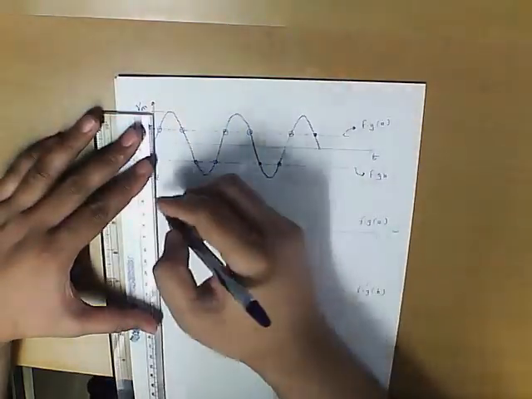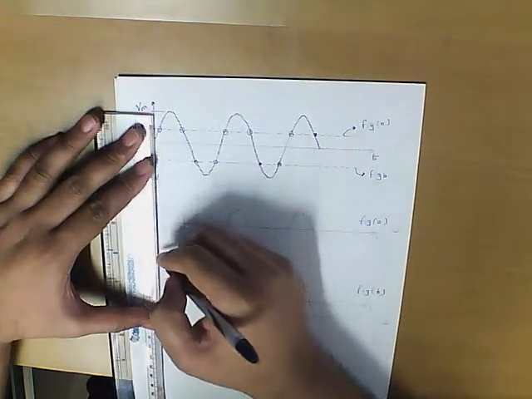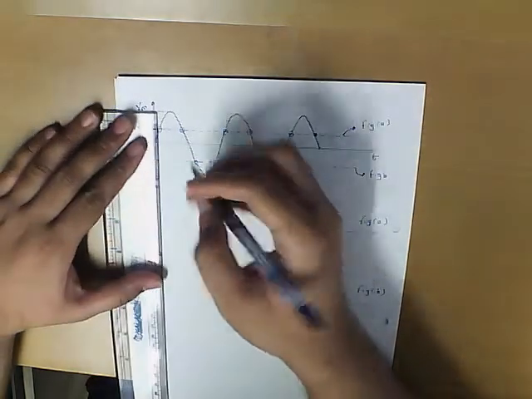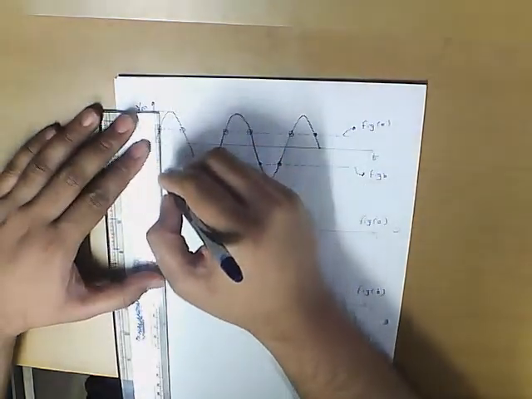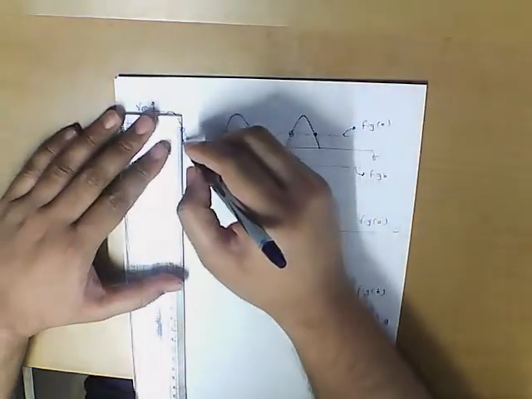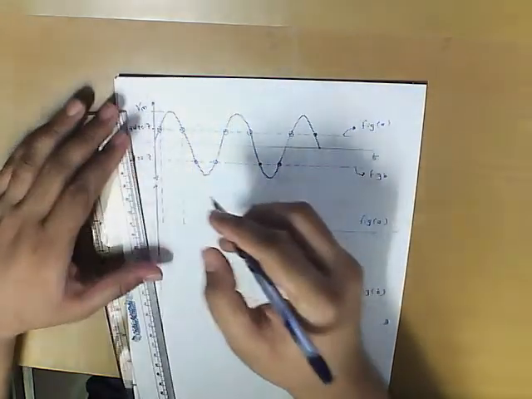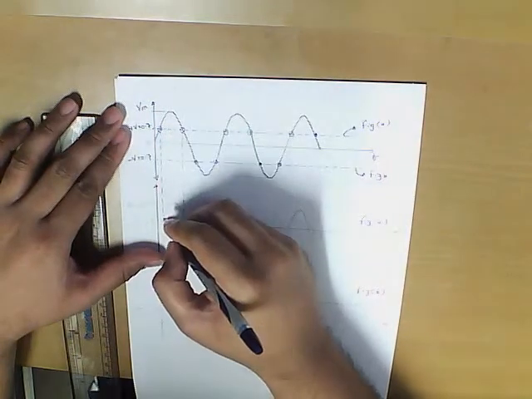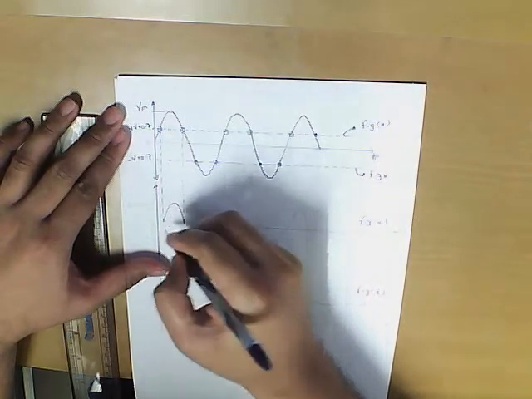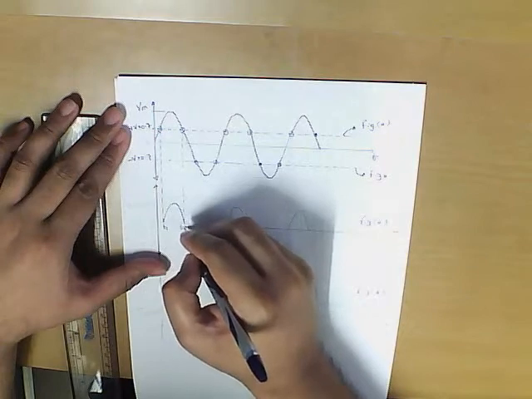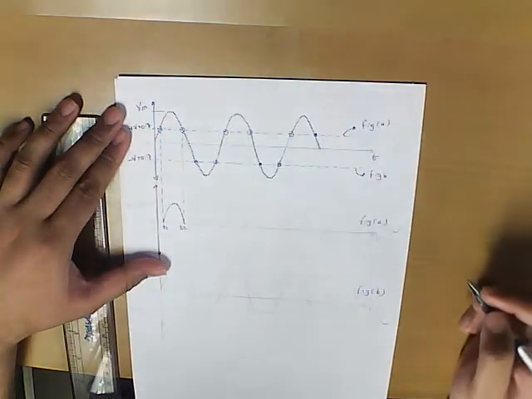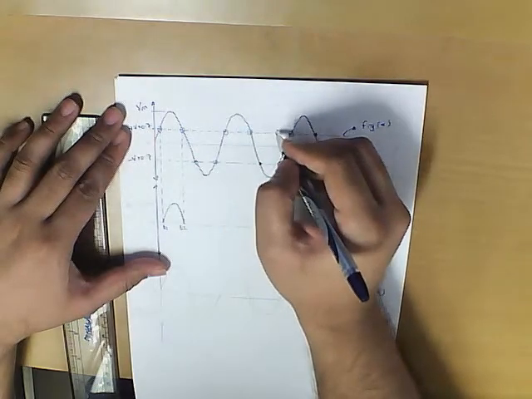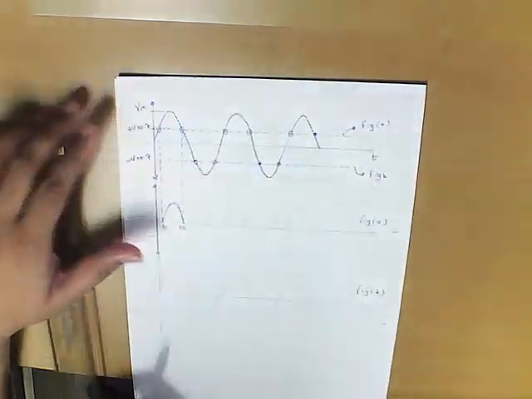So when we look at the output of figure A, we have to project these points on the output characteristics, and whatever is left above this is going to appear. Let us say the time period is t1 to t2. Till it reaches this particular reference, the output is going to remain 0.